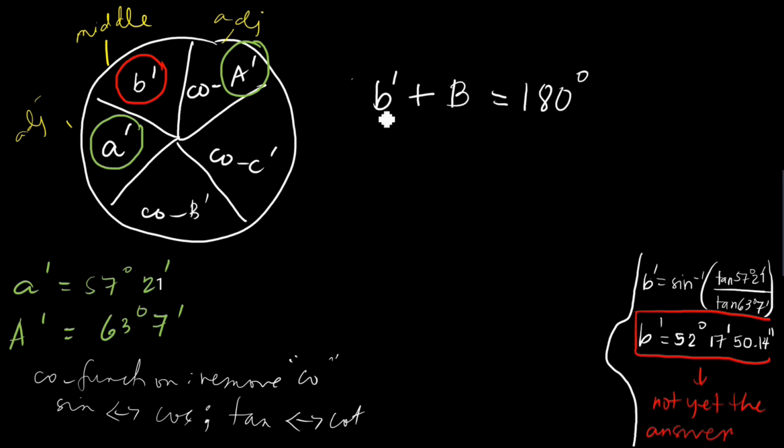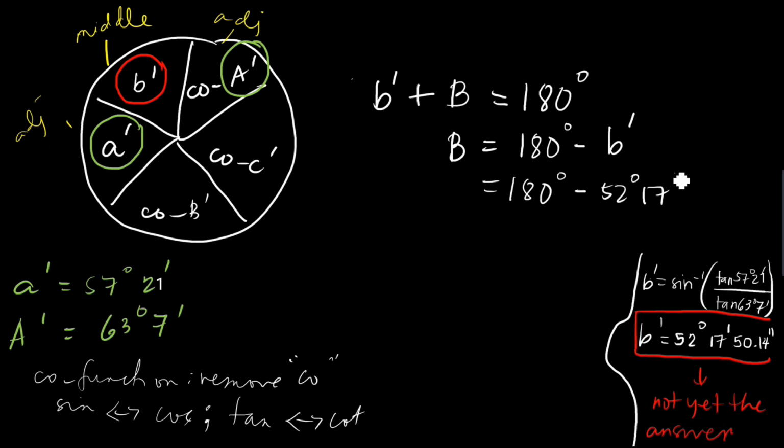Okay. So since we do have a value for the small b prime, we can solve for the big B. So that is 180 degrees minus the b prime. Okay? So 180 degrees minus our small b prime, which is 52 degrees, 17 minutes, and 50.14 seconds.